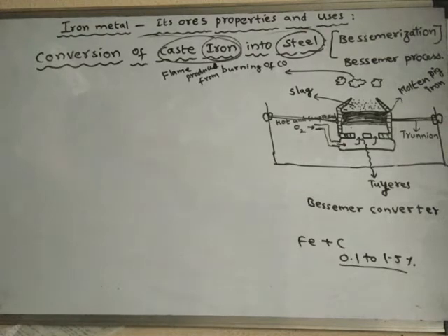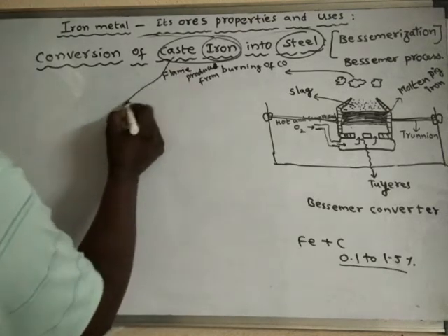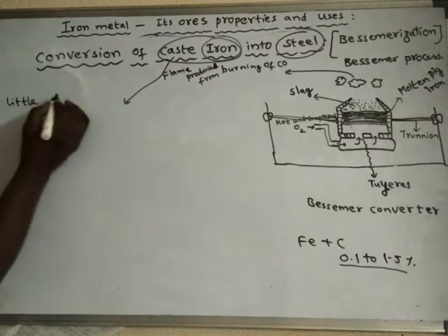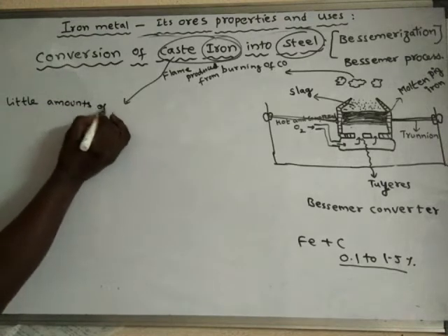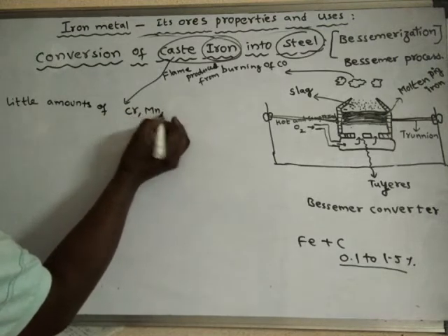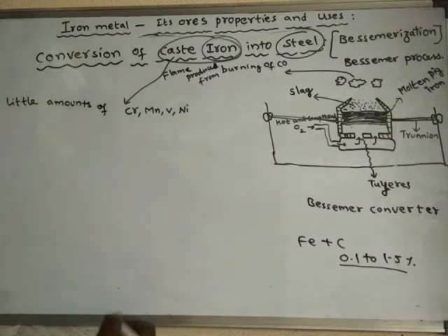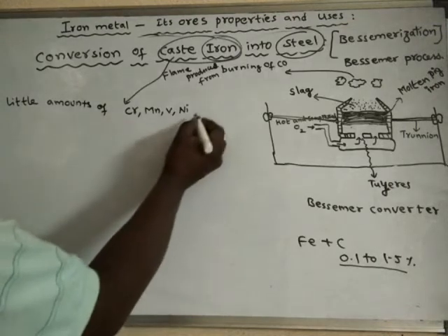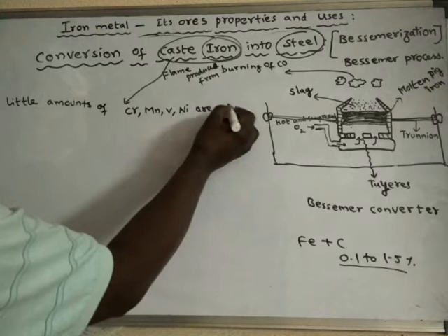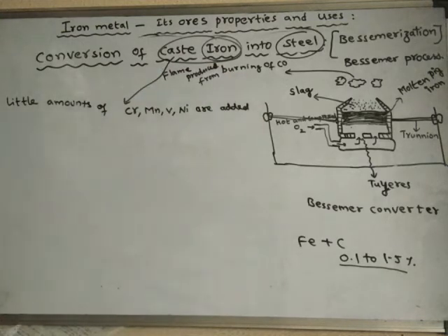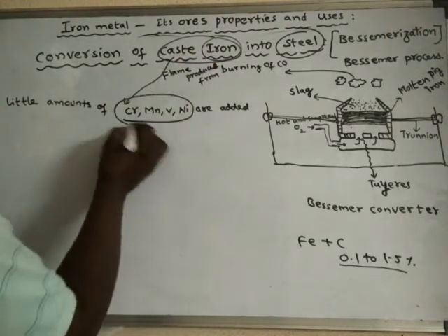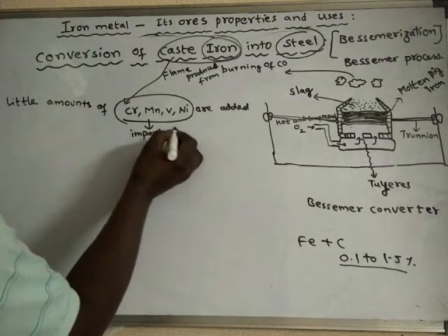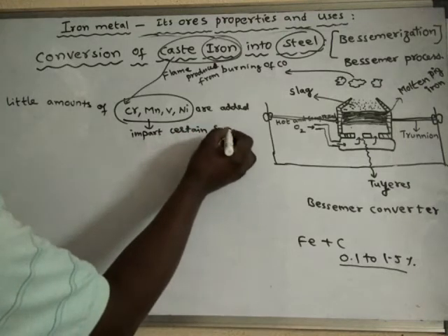Actually, when little amounts of some metals like manganese, chromium, nickel or vanadium are added to cast iron, they impart certain special properties.